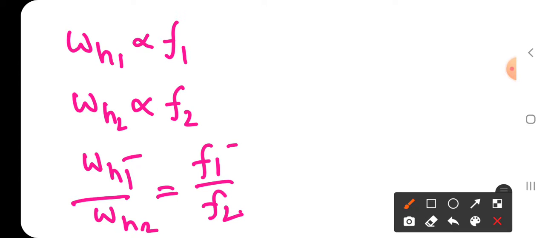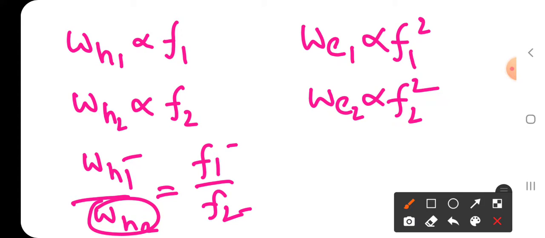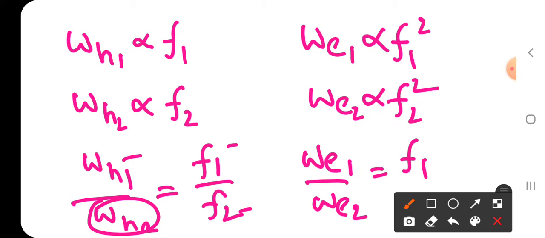If we know any three values, then we can find the unknown, that is, the fourth value. And next, WE1, the eddy current loss, is directly proportional to F1 square, and WE2 is directly proportional to F2 square. Therefore WE1 by WE2 is equal to F1 square by F2 square.